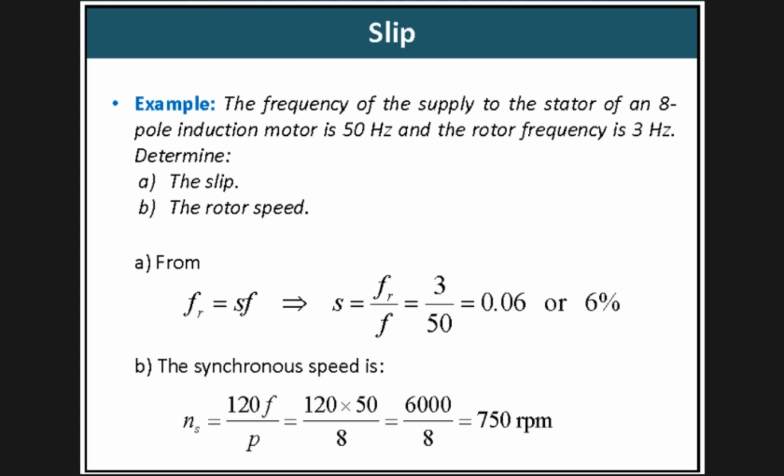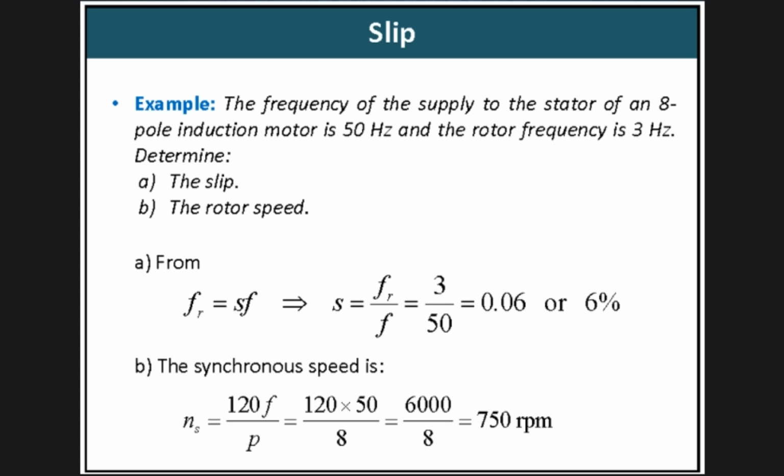Then another example: the frequency of the supply to the stator of an 8-pole induction motor is 50 Hertz and the rotor frequency is 3 Hertz. Now the rotor frequency Fr is given, so we are asked to calculate the slip. We know the relationship Fr equals sF.